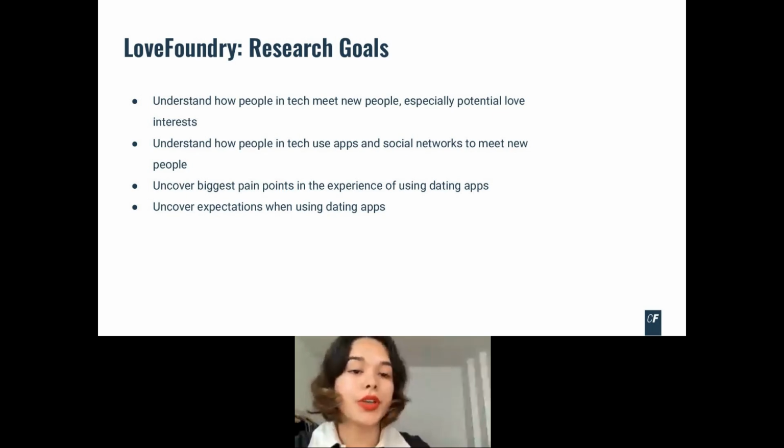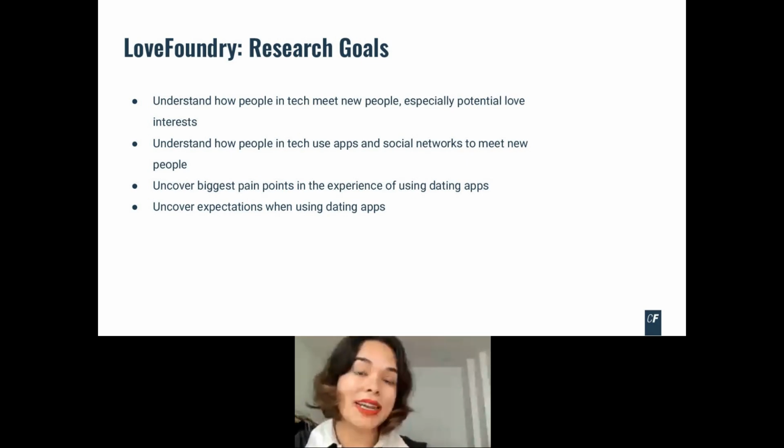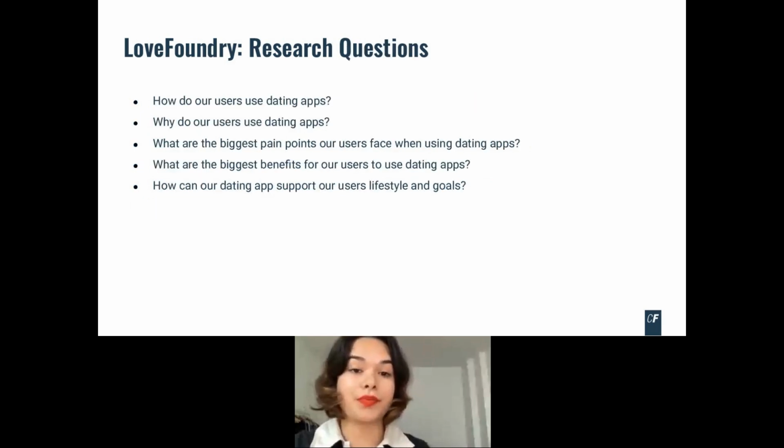So that is one goal. Another goal is that we want to understand how people in tech use apps and social networks to meet new people. And then we want to uncover the biggest pain points in the experience of using dating apps. And we want to uncover the expectations that people might have when using dating apps.